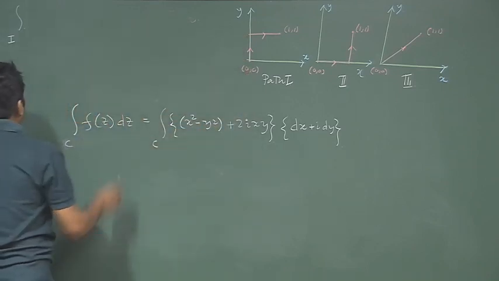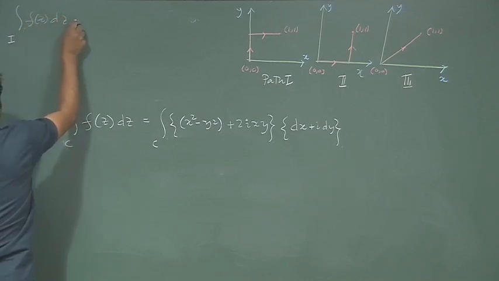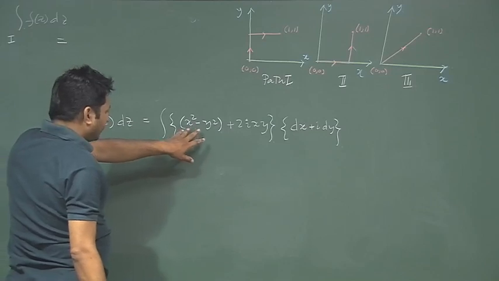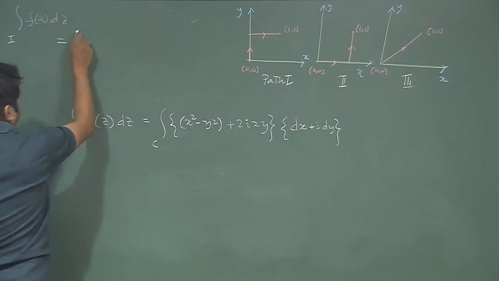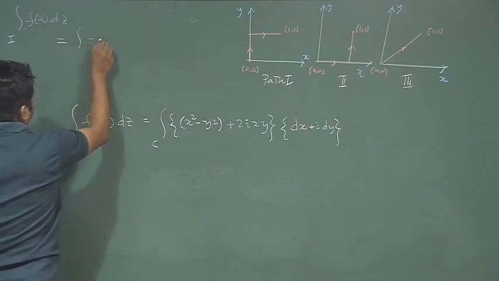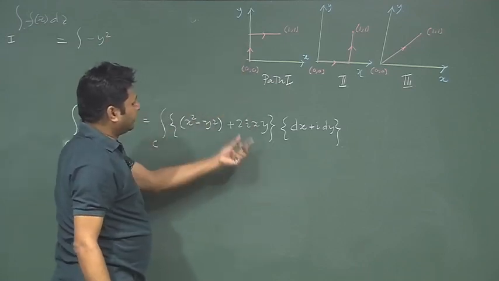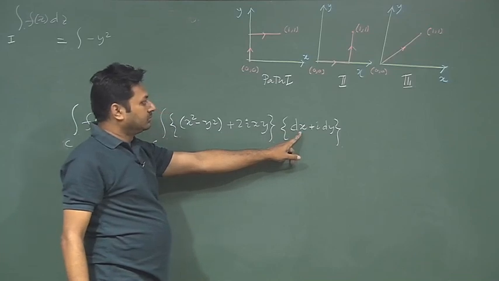So, the first part, f z dz, simply comes out to be this quantity. Since x is 0 along this path, this is minus y square, the x term should not be there, and dx is also 0 because there is no change.